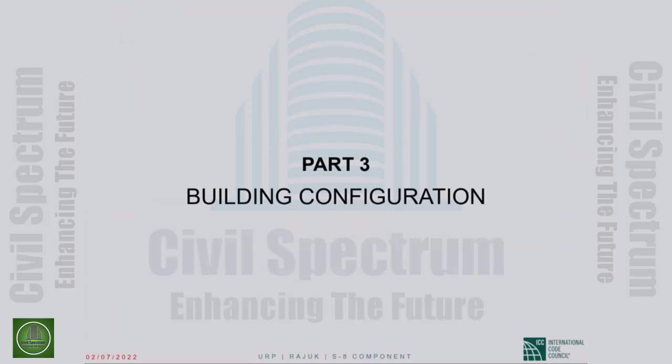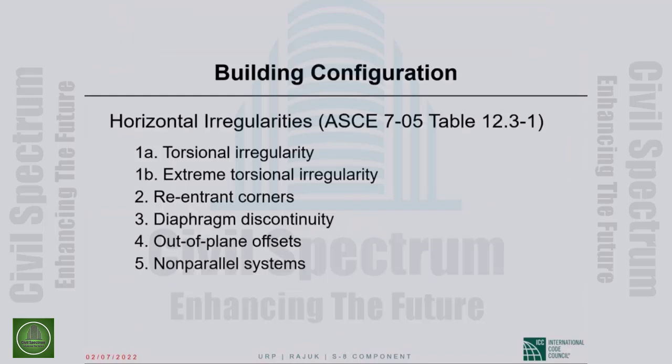Okay, building configuration, very important topic. ASCE 7 has a table of horizontal irregularities, and those are torsional irregularity, extreme torsional irregularity, re-entrant corners, diaphragm discontinuity, out-of-plane offsets of the seismic force resisting system, and non-parallel seismic force resisting systems.